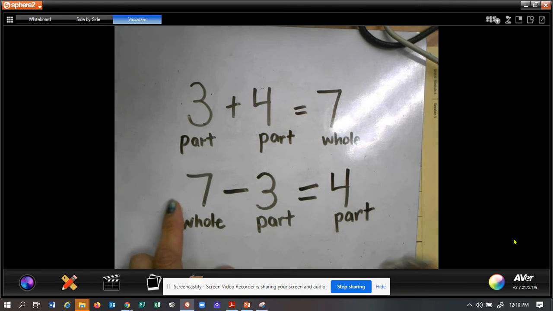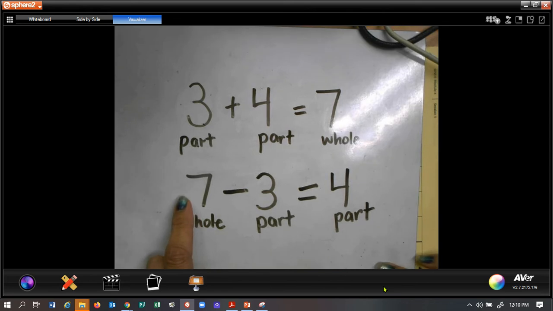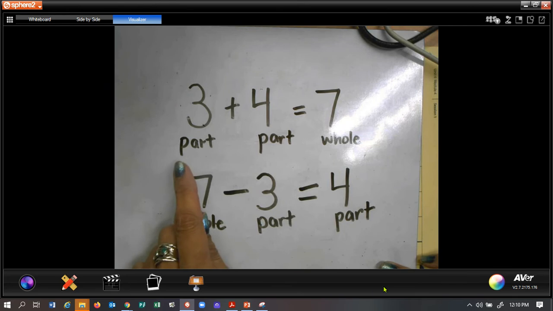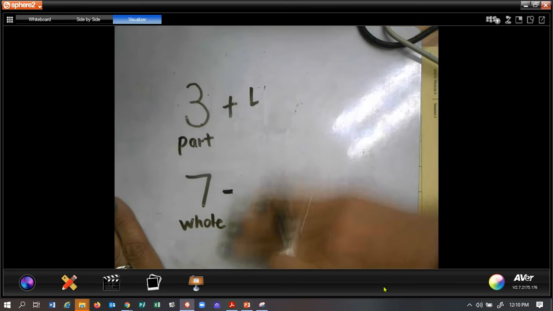So in subtraction, you start with the whole amount, you take away one of the parts, and you're left with the other part. Let's take a look at what another one might look like.